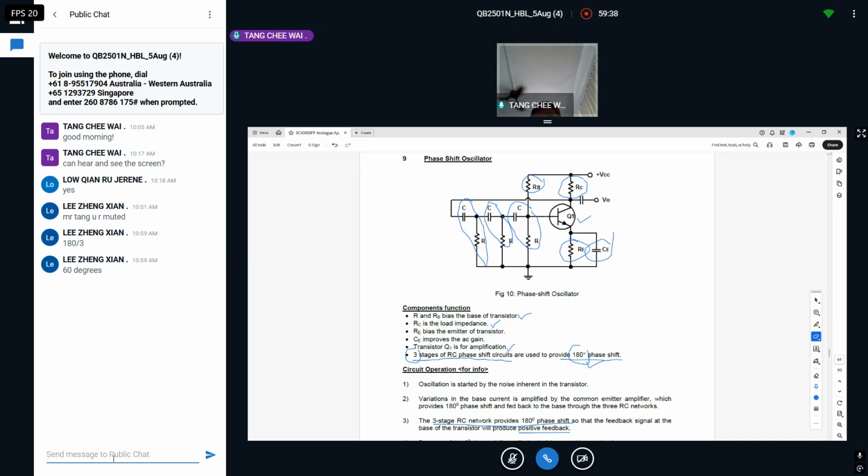So one stage will be 60 degrees actually. Now you know why there are 3, because each one is 60. So you shift 3 times, you get 180 degree phase shift.